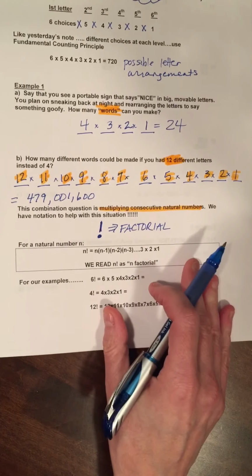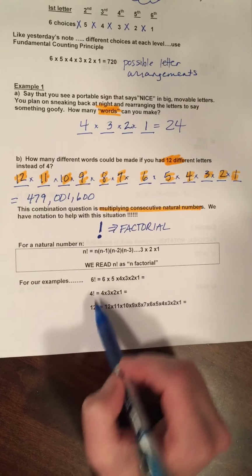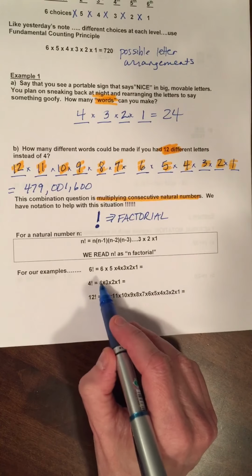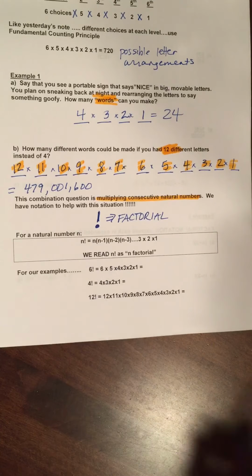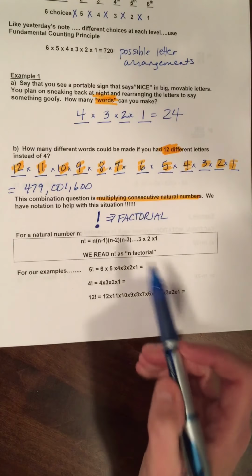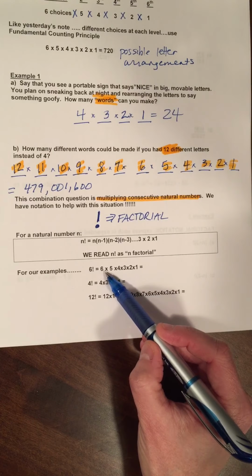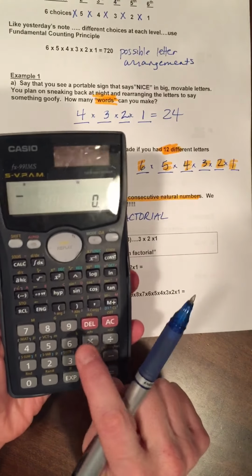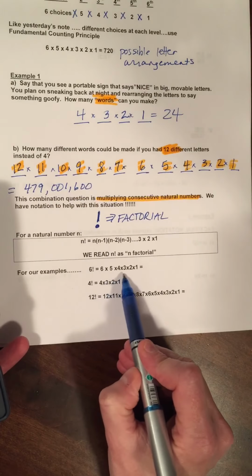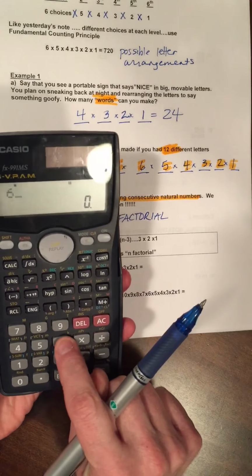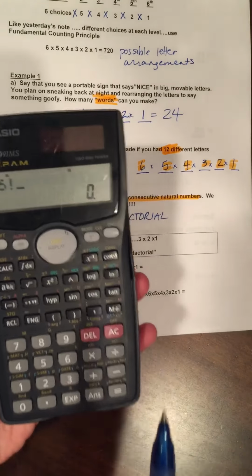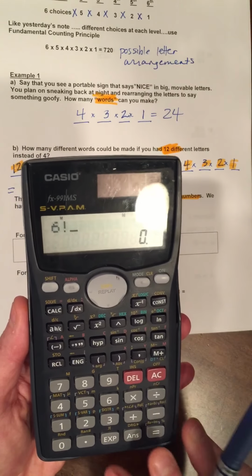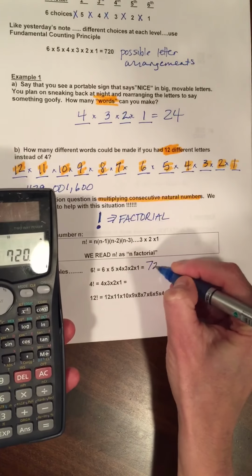Let's take a look at using the factorial button first on our calculator and make sure we get the appropriate answer, and then we'll jump back to the formula. Our very first example was the fathom example, which was 6 times 5 times 4 times 3 times 2 times 1. Instead of typing that, I'm going to type in 6 factorial. I typed 6, hit the shift button, and then factorial: 720.